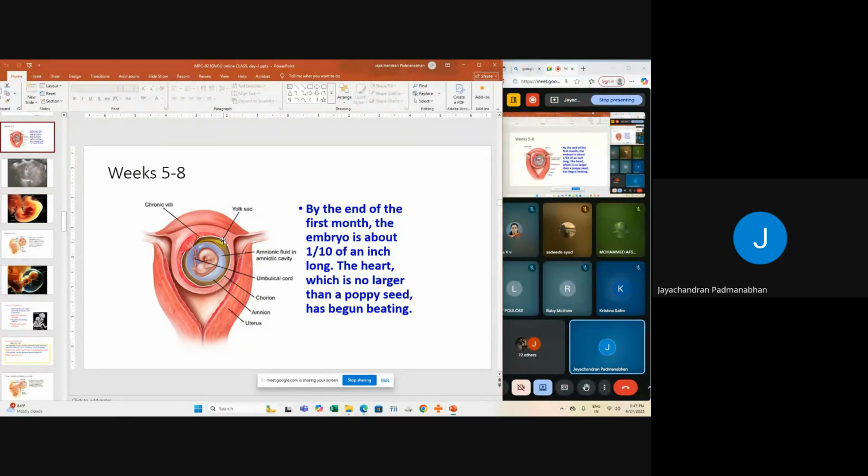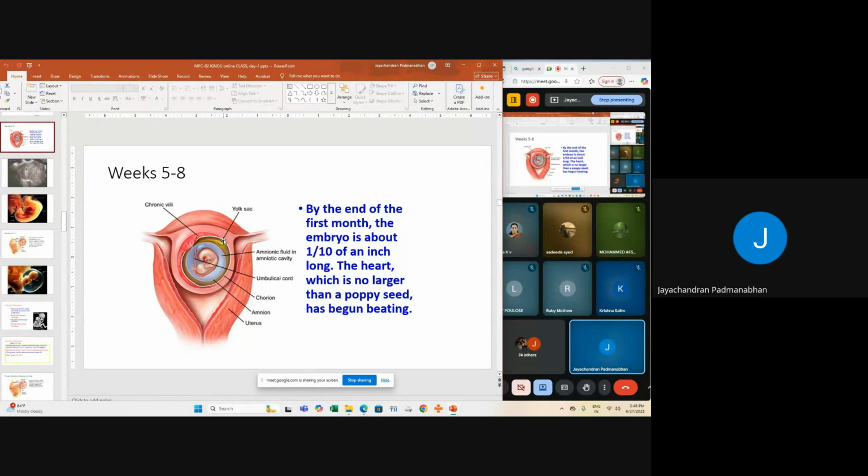See, in the first trimester, no additional macronutrient is necessary.